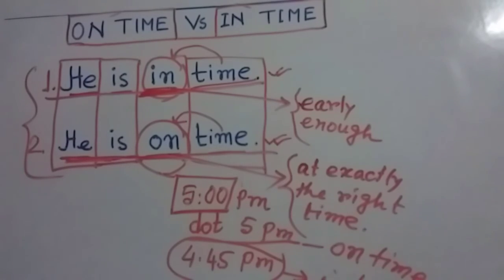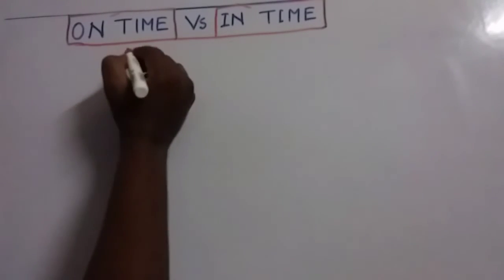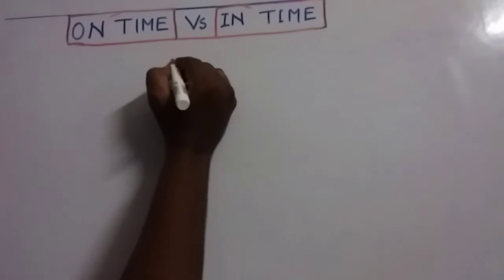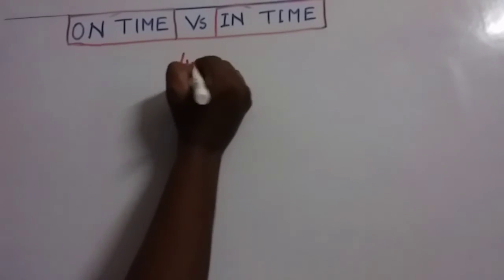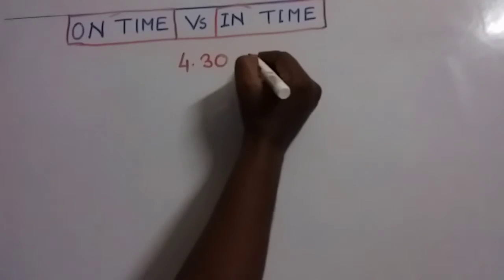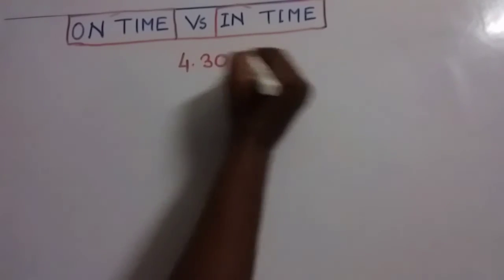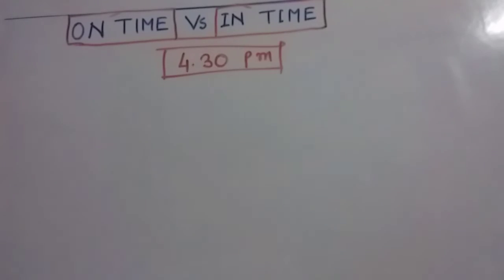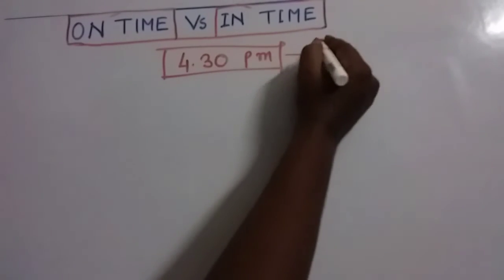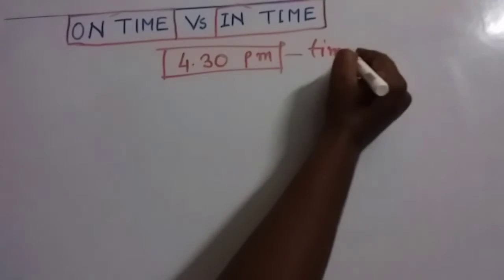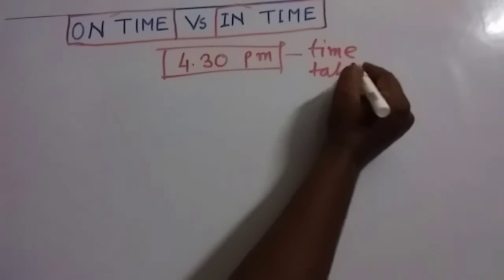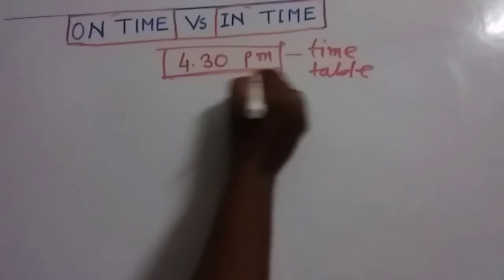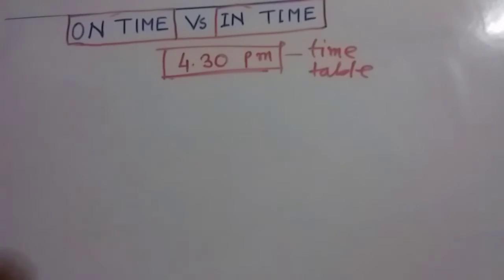I'm just gonna give you another example. Friends, the train will depart at 4:30 p.m. We just came to know the time of the train from the timetable. It is written in the timetable. The departing time of the train is 4:30.